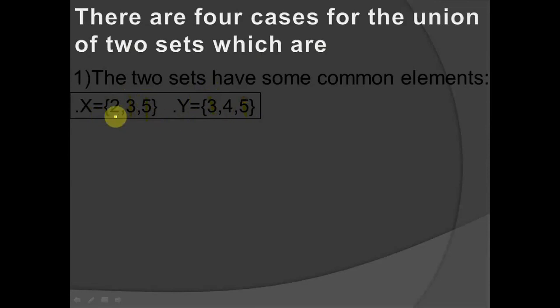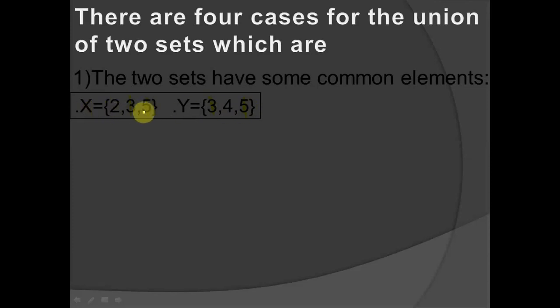The different elements are 2 and 4. Then if we want to find X union Y, we write all elements of X and Y without repetition.